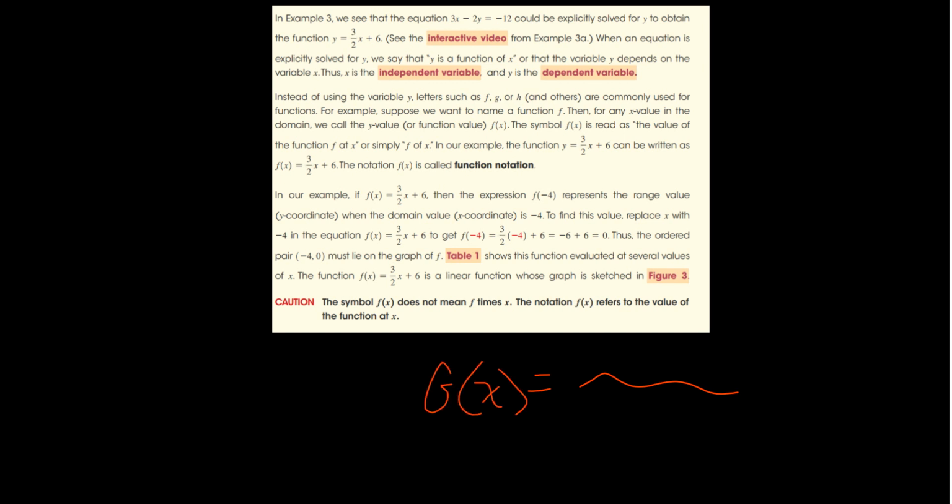And that's it. So same thing with variables, we name functions. Sometimes I feel like I over-explain things, sorry. Let's see. In our example, f of x is equal to 3/2 x plus 6. So all that stuff again.